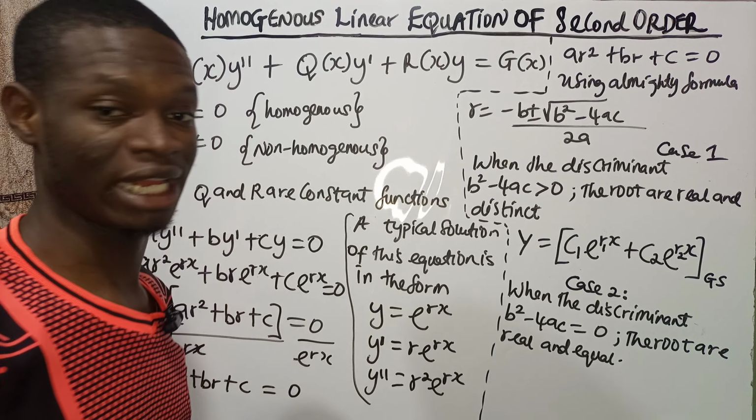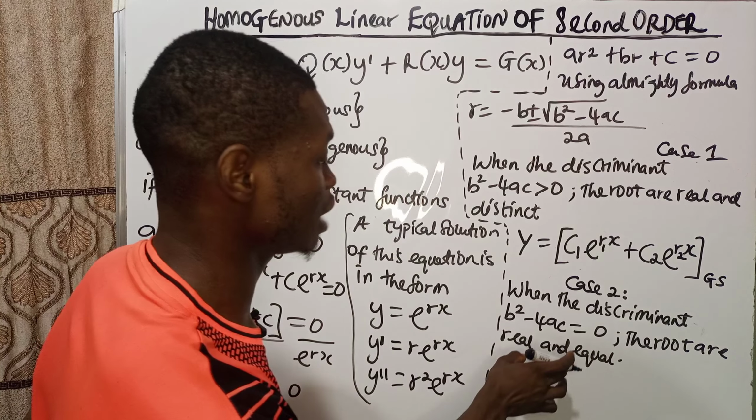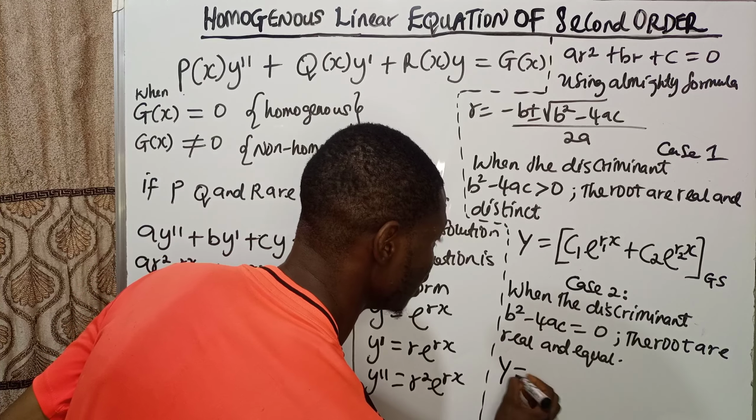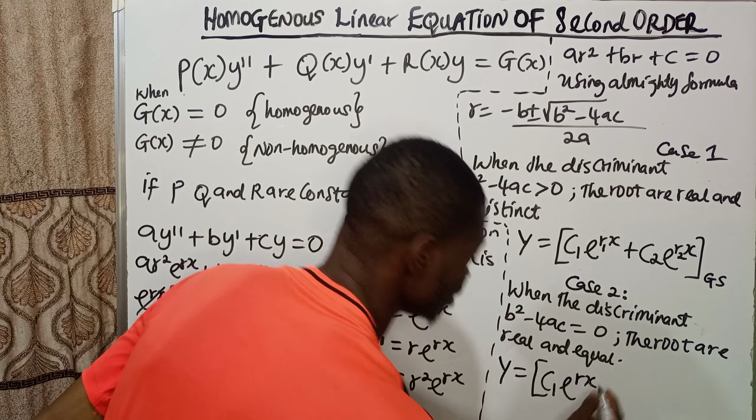The roots are what? Real and what? Equal. So if the roots are real and equal, our general solution y equals c1 exponential rx.